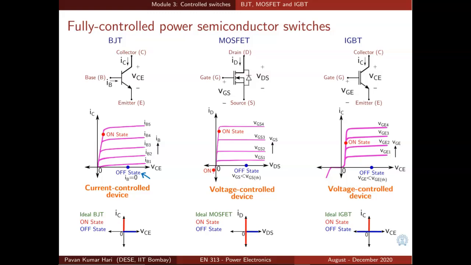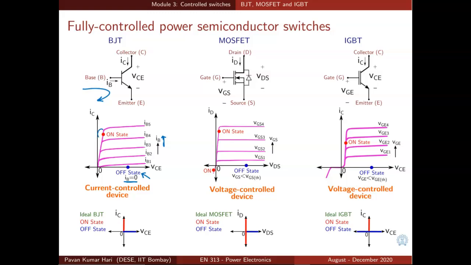The conduction starts by pumping a base current. So the device will be in off state and blocking VCE when IB is equal to 0. And when we increase base currents like IB1, IB2, IB3 and so on, the device can carry more and more currents. And where is the on state located?